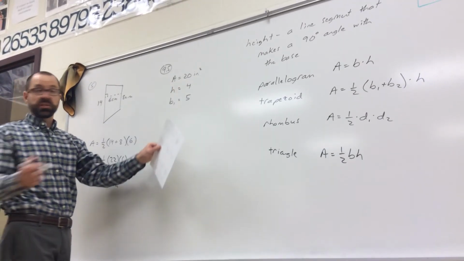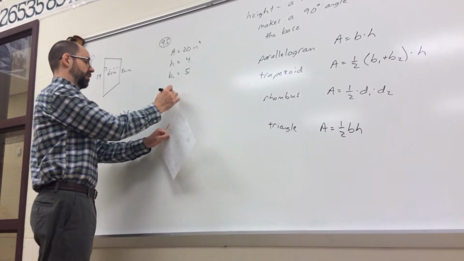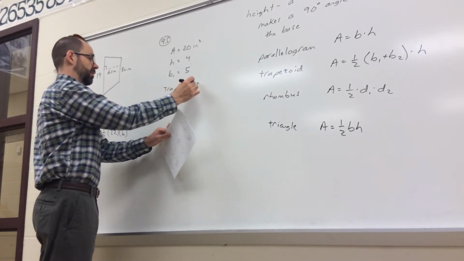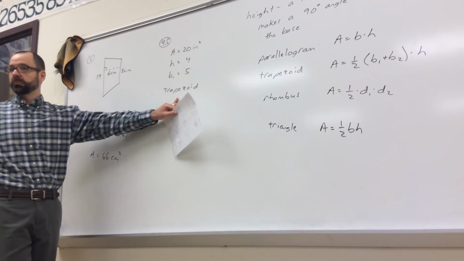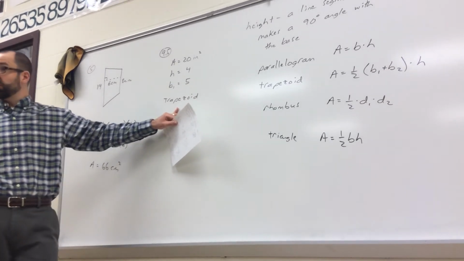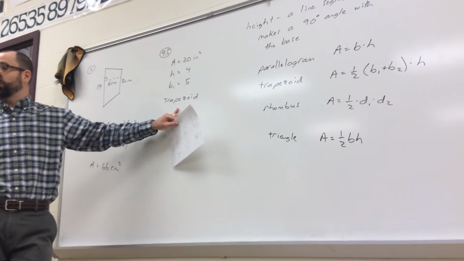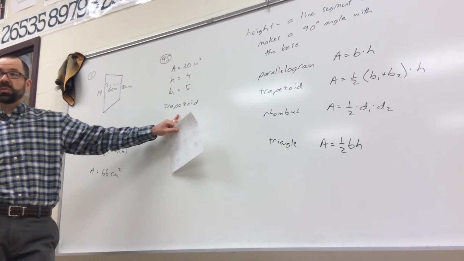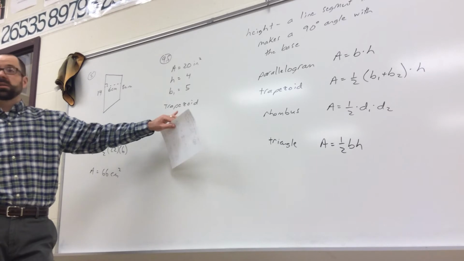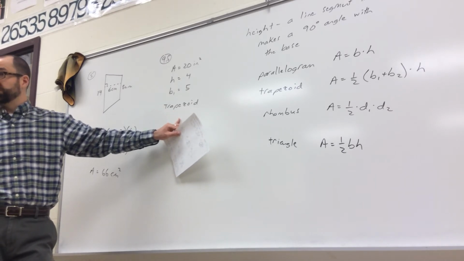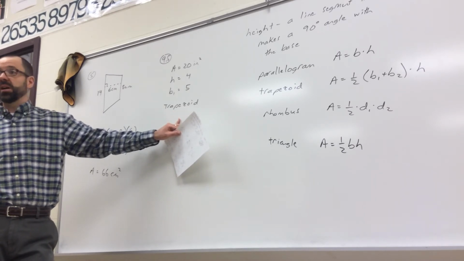And they also tell you that it's a trapezoid. So they tell you the area of the trapezoid is 20. They say the height of the trapezoid is 4. One of the bases is 5. And then the question is, what is the length of the other base?